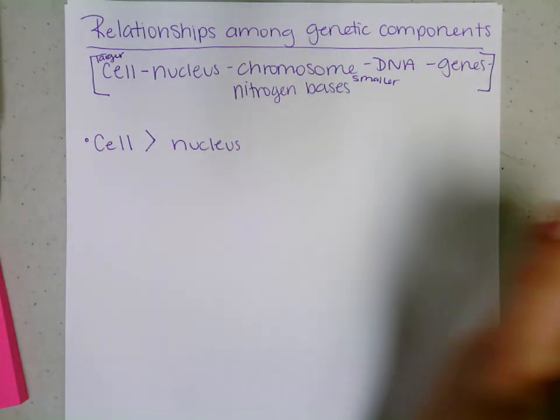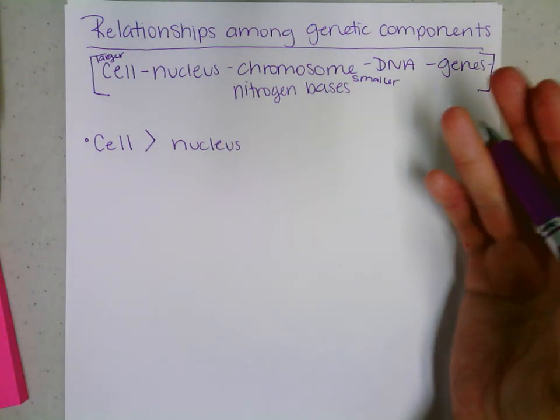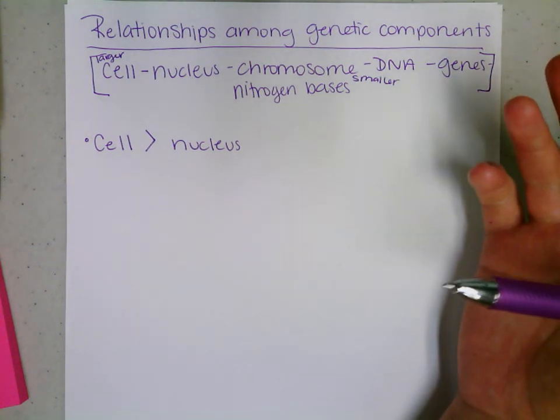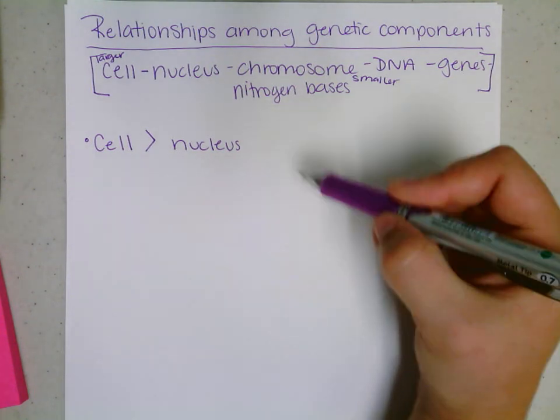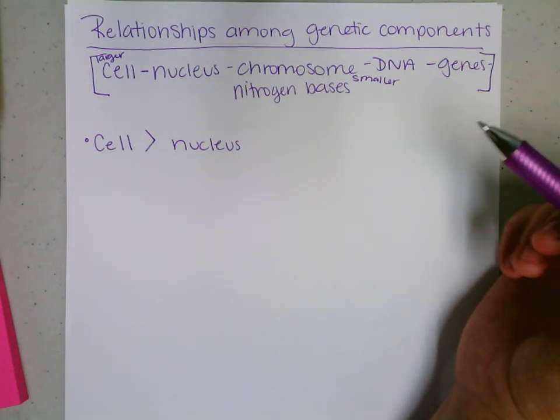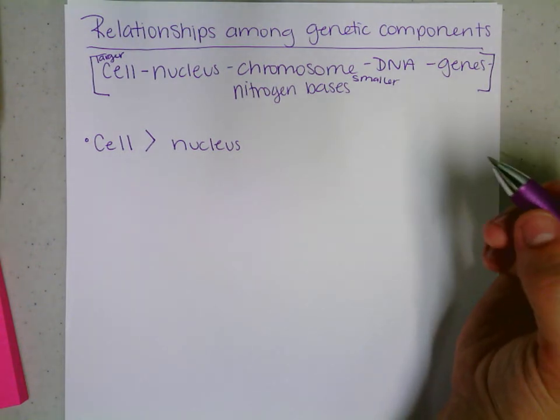Now, we're not going to stop there because we are in 8th grade. We want to be able to articulate our thoughts on this and give reasoning and rationale behind why we say that the cell is bigger than the nucleus. Just like we do in our bell work, we want to give some reasoning behind this.